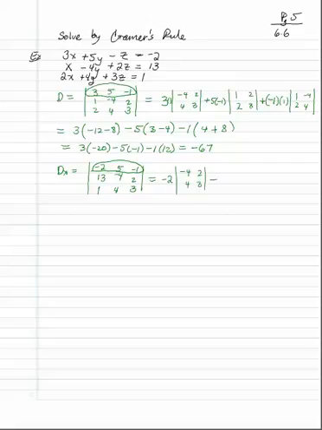Then it's going to be minus 5. It's plus 5 times the negative 1, so it's minus 5. The minor will be 13, 1, 2, 3. And then minus 1, and the minor will be 13, 1, negative 4, 4.